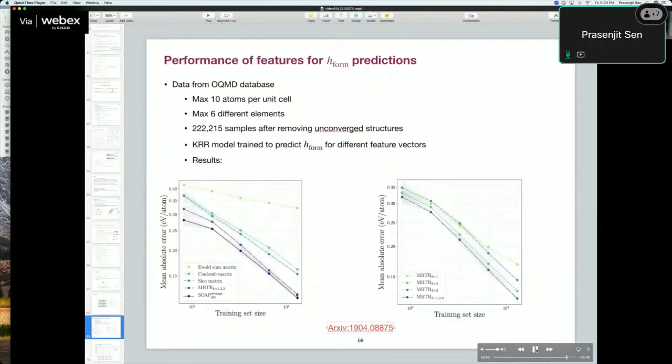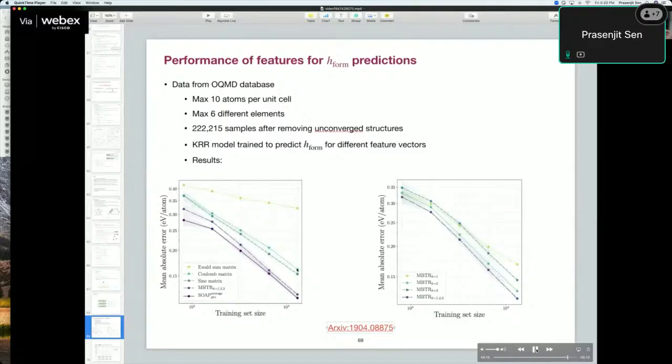Okay, so all three included. The next one, I have to look at it closely. This point corresponds to sine matrix. This point, the light green one, corresponds to Coulomb matrix. And this one at the top, the highest one, which is the worst performing model, is with Ewald sum. Now here is a very strange thing, you see.